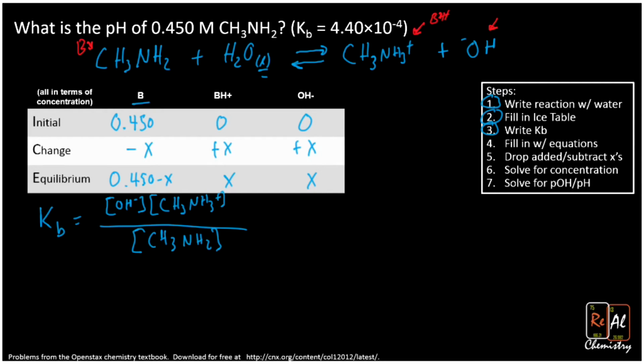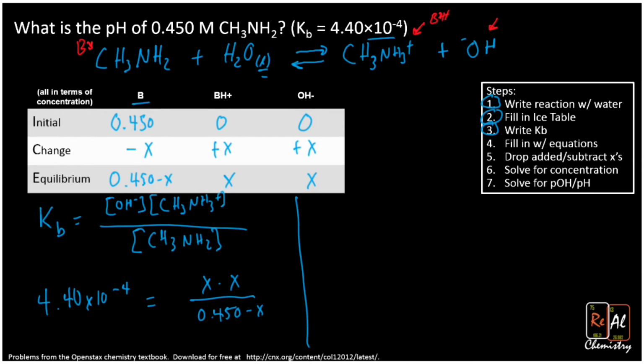Okay, now we're ready to go ahead and plug in our ICE table results for equilibrium to figure out what that X is. So we remember that Kb is 4.40 times 10 to the minus 4. That's what we're told right up here. And that's equal to X for my OH times X for my conjugate acid divided by 0.450 minus X. Now here's a trick.